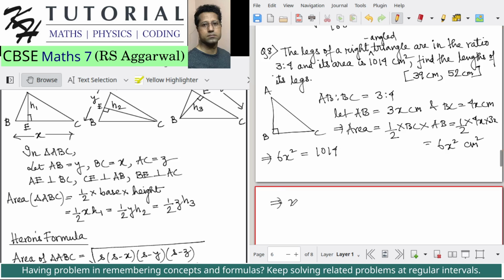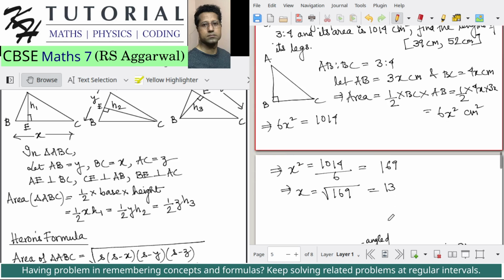So this implies x square is equal to 1014 divided by 6, which is equal to 169. So x square is 169. So this implies x is equal to square root of 169, which is equal to 13. So x is 13.